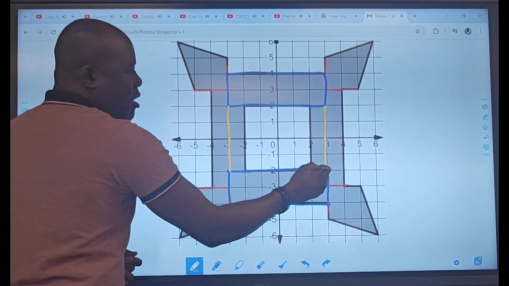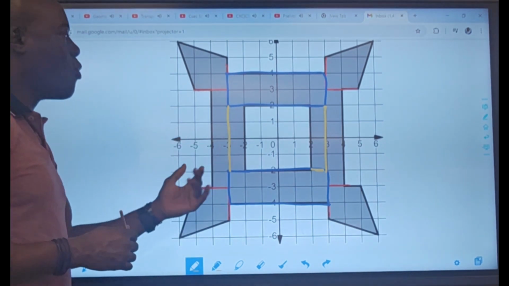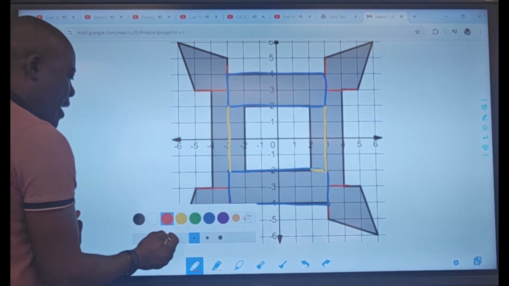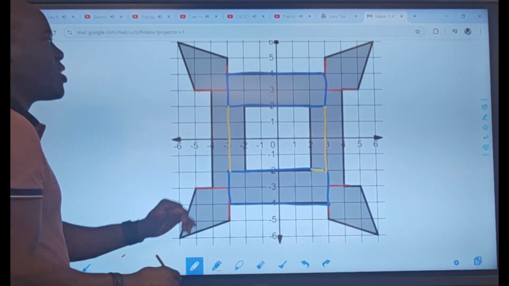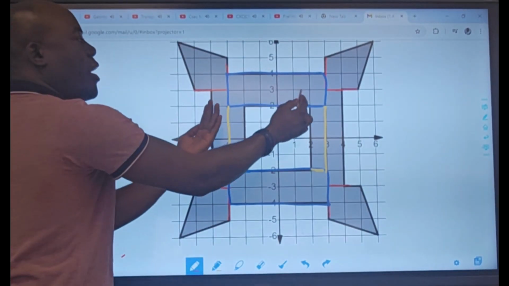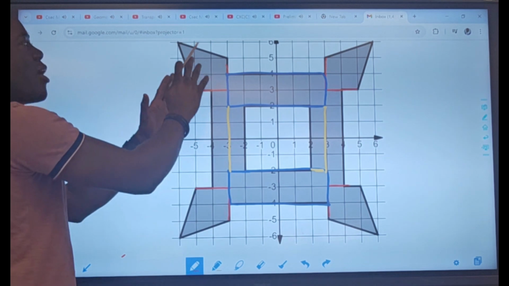So definitely I cut this up into a number of rectangles and 4 kites. Now, the most work that we have to do is really to find the area of the kites, because we can easily count the squares that are captured in the rectangles. So I'm going to find the area of the kite.